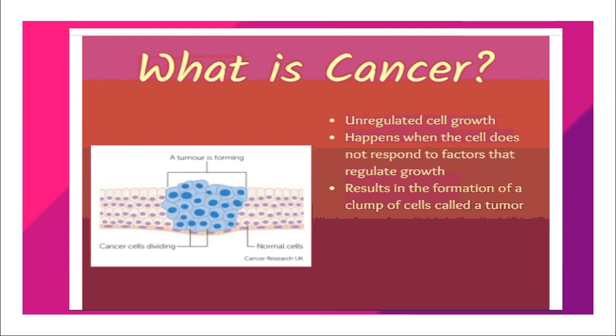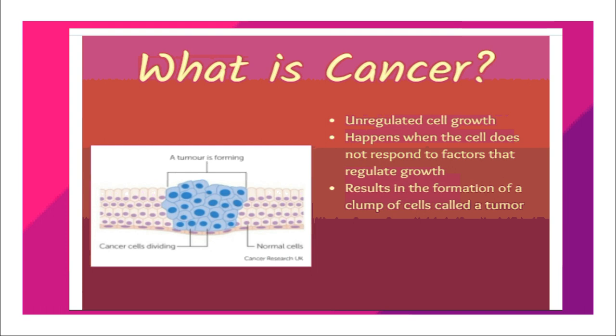But when we have abnormal or unregulated cell growth, the cells start to divide uncontrollably, and then they will destroy healthy body tissue. Some of the reasons this happens is because the cell is not responding to those factors that are set in place to regulate the growth. For some reason, it's not responding to those signals.